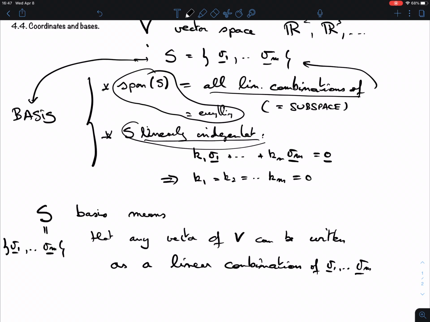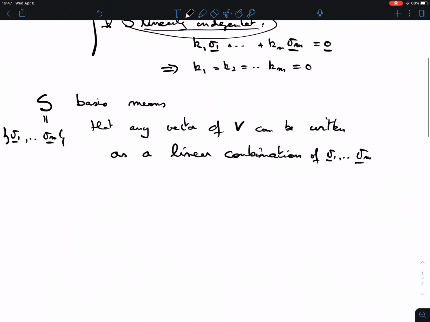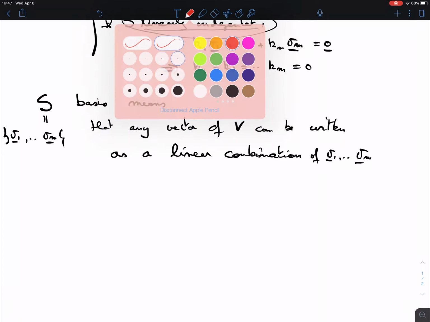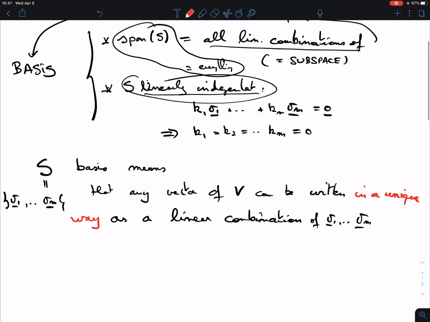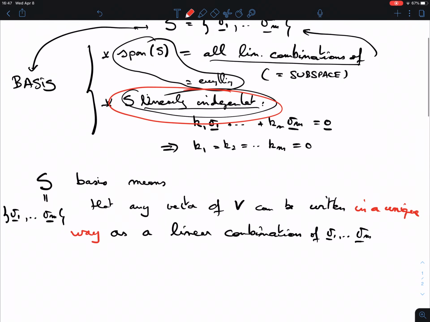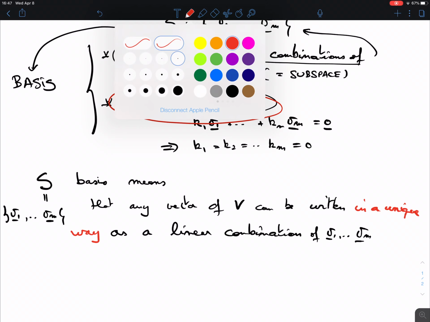So what does this linear independence then say? It can be written in one way only. It can be written in a unique way as a linear combination of V1 to Vm. So that's this condition. Okay, so perhaps I'll use another color.